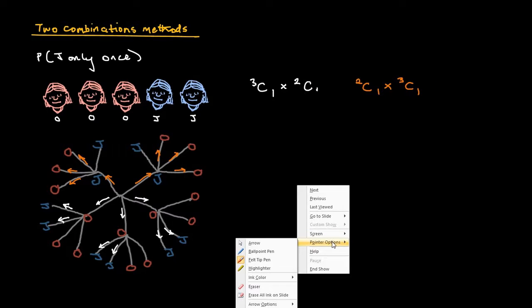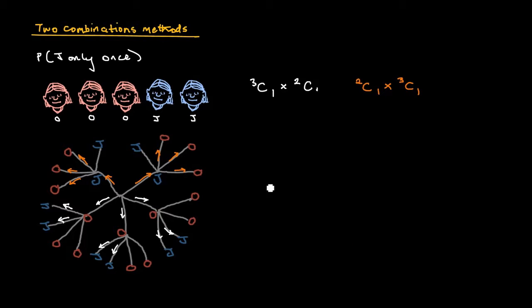So 3 choose 1, and this is just the numerator at the moment, is 3 factorial divided by 2 factorial times 1 factorial, which is 3. If that's the way you want to do it, you could also use something called Pascal's triangle. Pascal's triangle will also give you the answer to what 3 choose 1 is, or you can just use your calculator. If you've got a button, 3 choose 1 will give you 3.